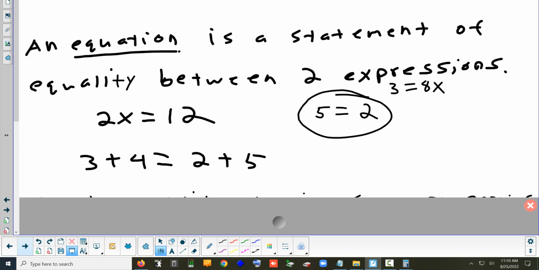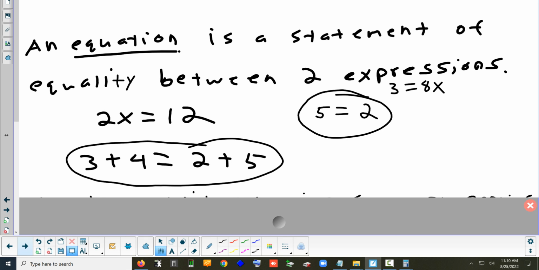Well, it's incorrect. Yeah, this is a contradiction. It's an equation, but it's a contradiction. So it's not right. How about this one? There's a name for that one too. Yeah. Well, it's not simplified. You're right. If you simplified it, it would say 7 equals 7, which is definitely an equation.